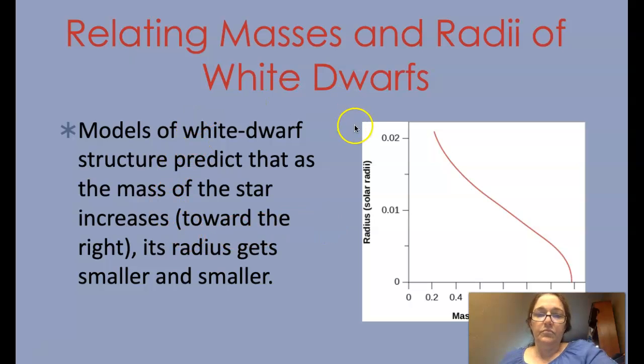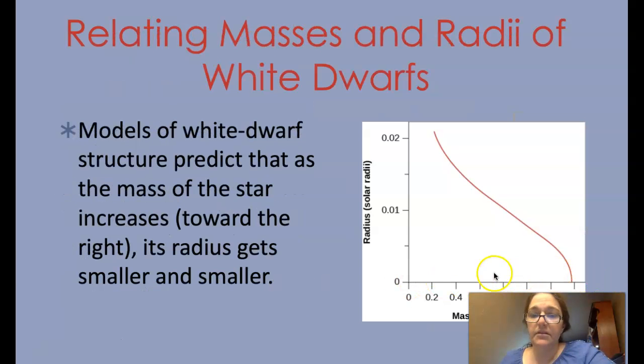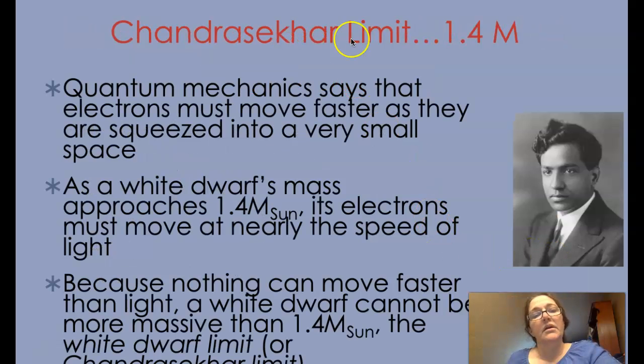So models of white dwarf structure show that the smaller the mass, the larger the radius. And so as mass gets larger, radius actually shrinks. Another one of those backwards relationships.